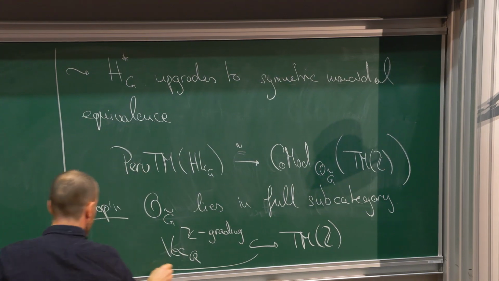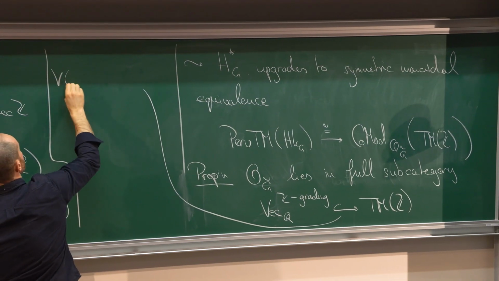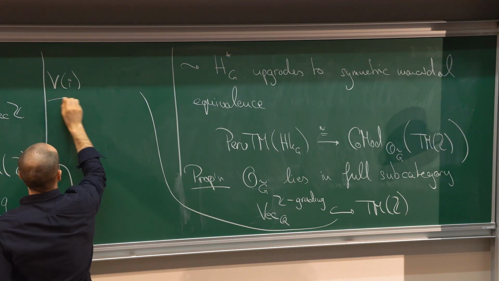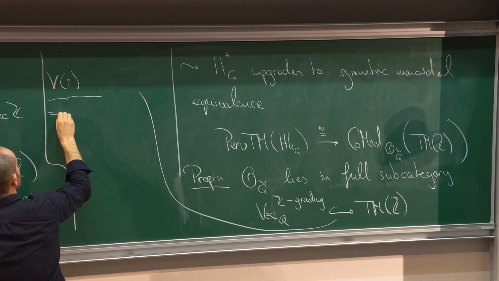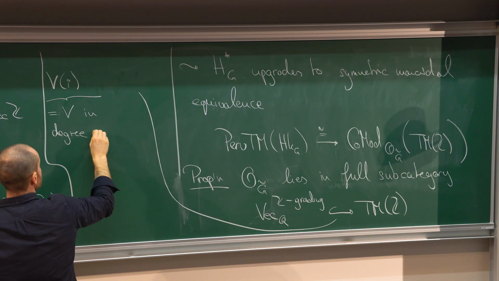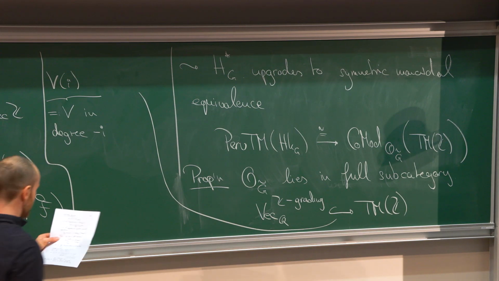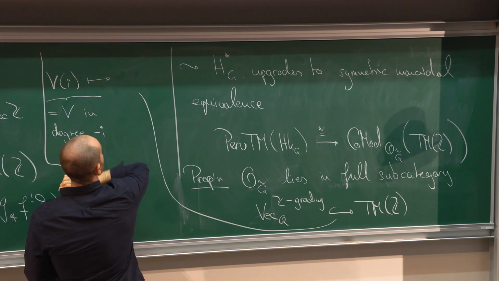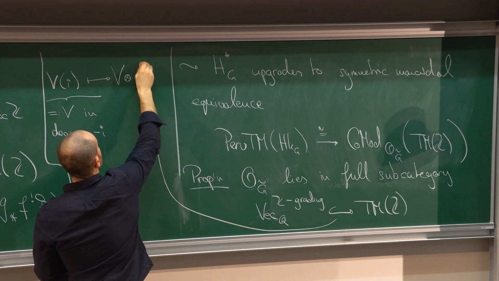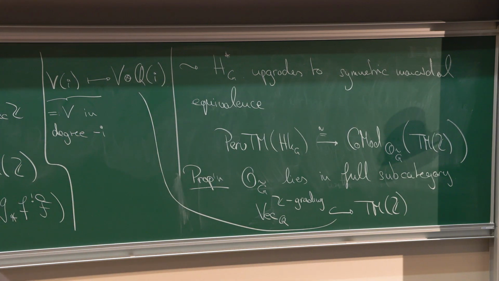Here, this is my notation for Q(1) twisted i, that is Q in degree negative i, unfortunately. This goes to V tensor with the i-th Tate twist.